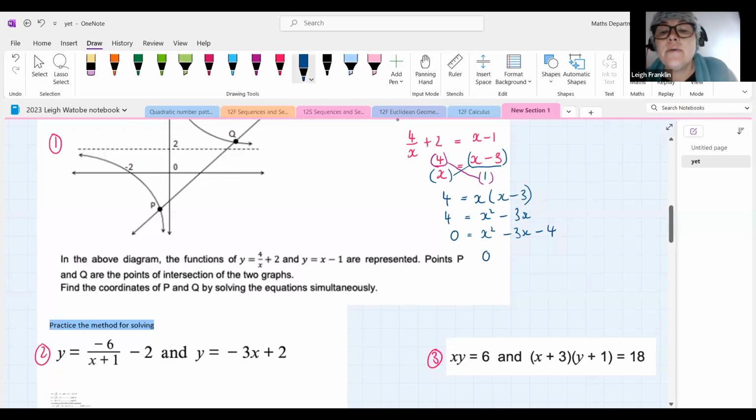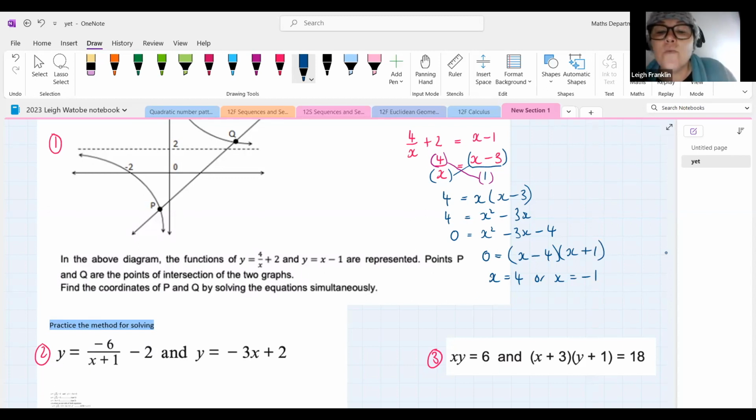Factorizing now, we would have had x minus 4, x plus 1, 2 solutions for x. Either x is equal to 4 or x would be equal to minus 1.